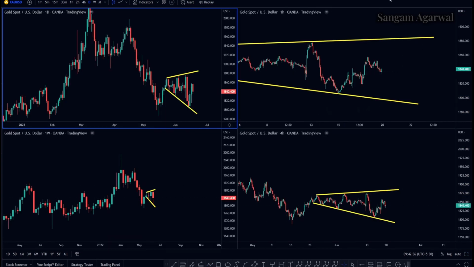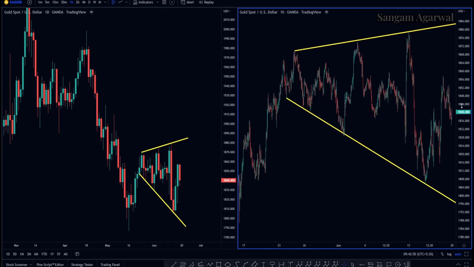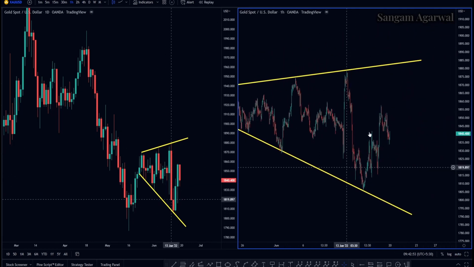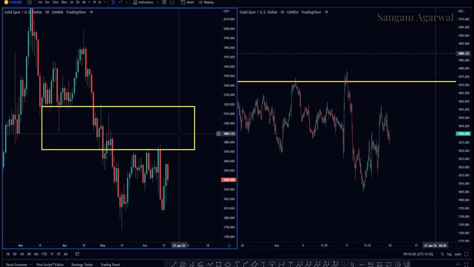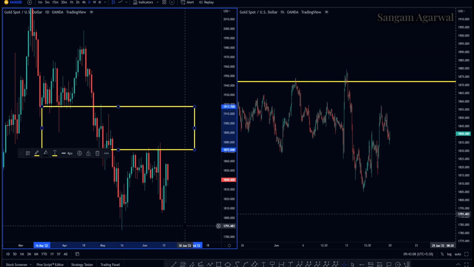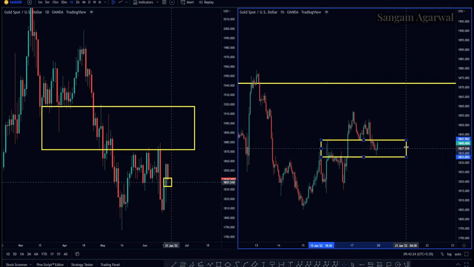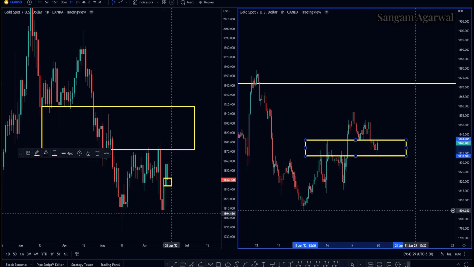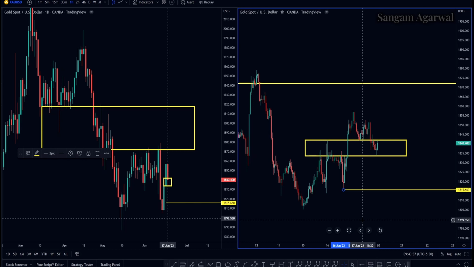So if you compare the daily and H1 time frame side by side, then first you have this expanding triangle chart pattern, and this resistance area from 1872 to 1917, and this support level on the H1 time frame from 1833 to 1841, and this is your key support 1815.